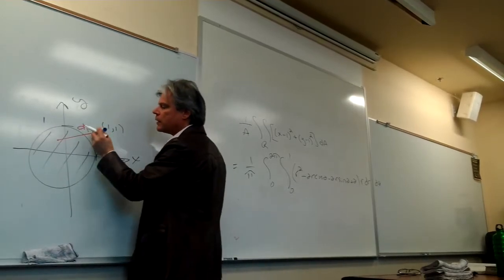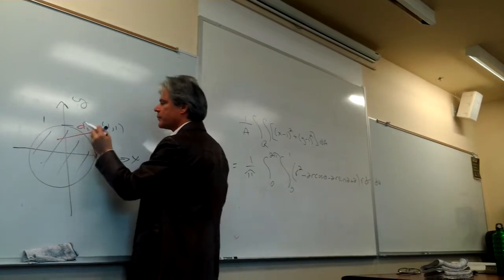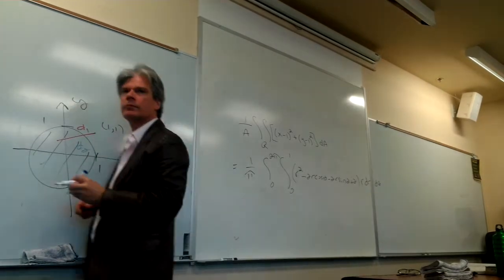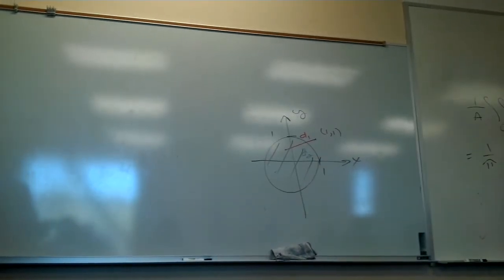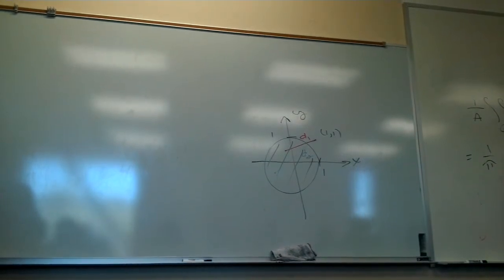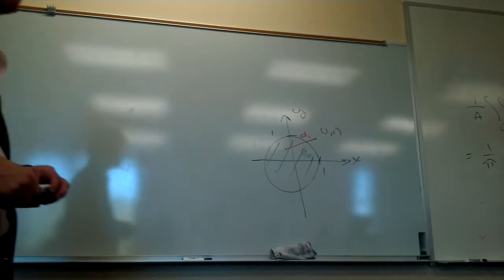Here's another value, call it D2. Now, I know I got infinitely many distances to add together. But the point is, with integrals, I can come up with the average of an infinite collection of distances. Okay, so we're just taking every single point in the circle, drawing a line to 1, comma 1, and then taking the average distance. Okay, so I agree, that is what we're trying to find out.